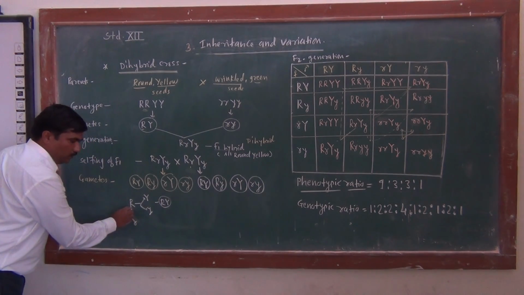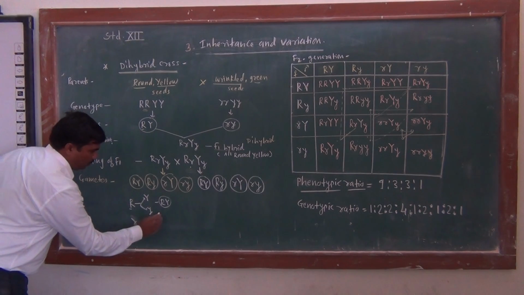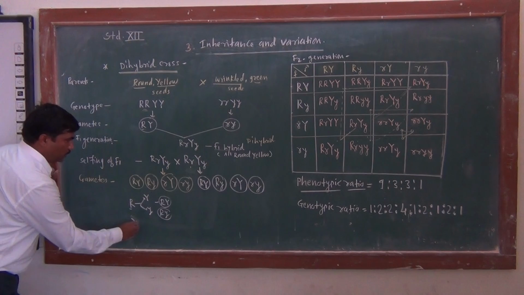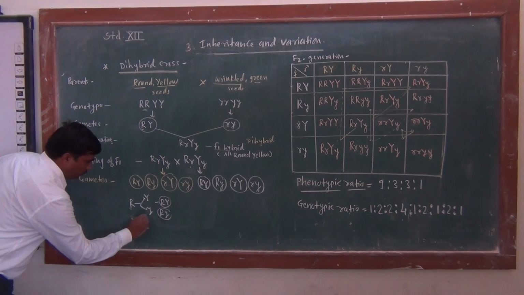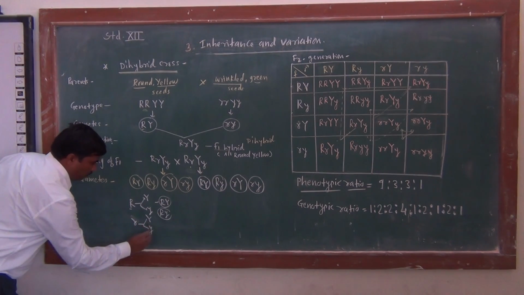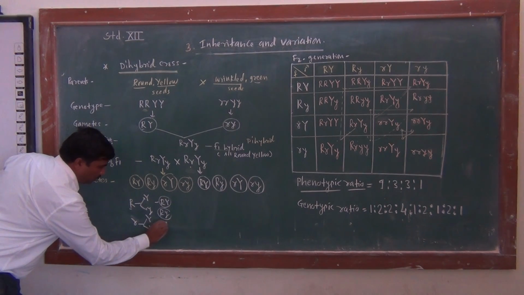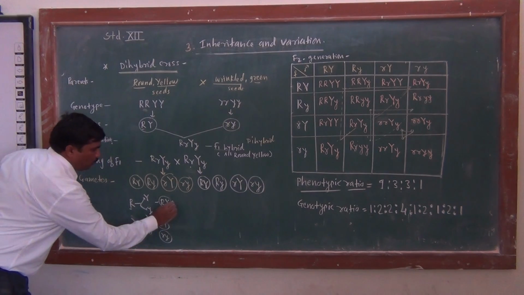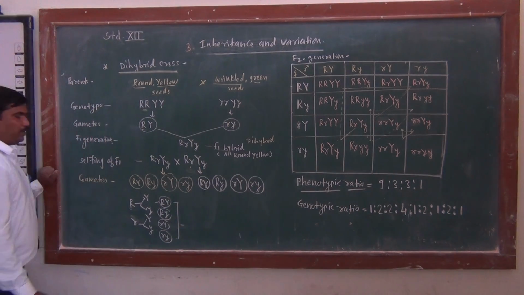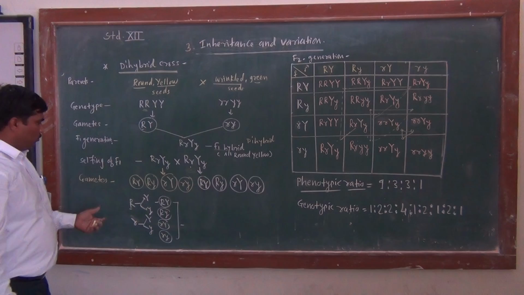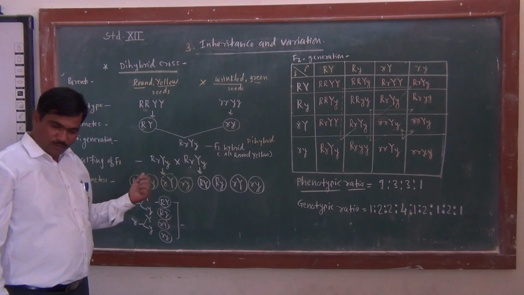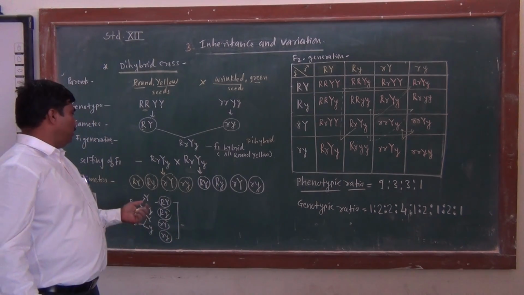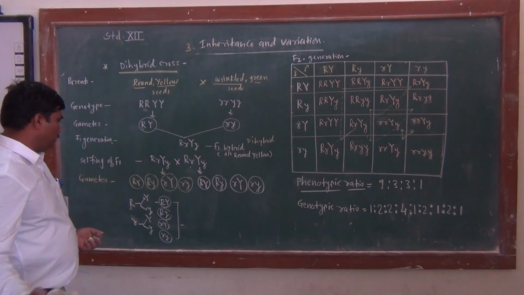Then capital R and small y is another type of gamete. In this case, small r, capital Y, and small r, small y. So we get four different types of gametes. We use this method for making the different types of gametes.